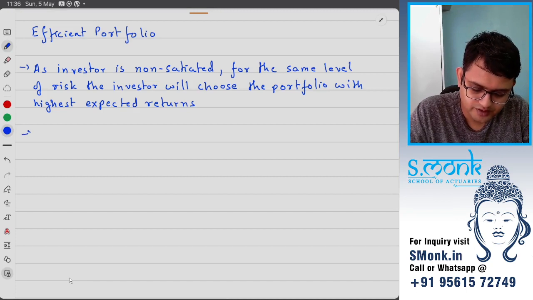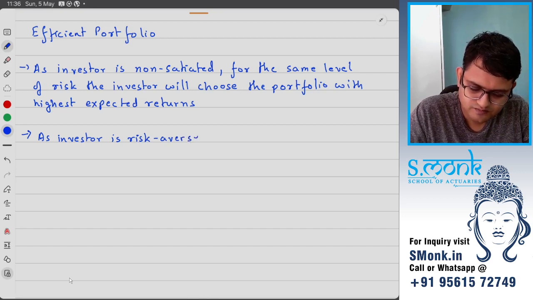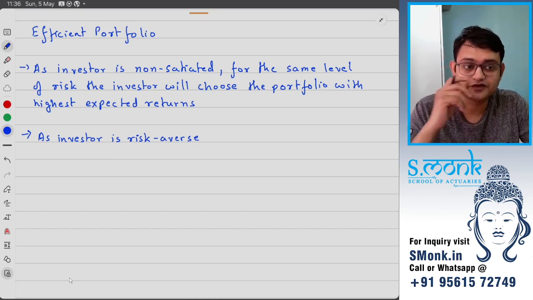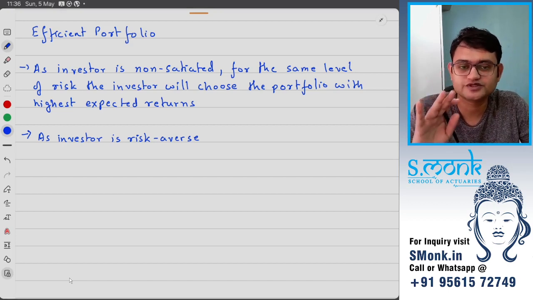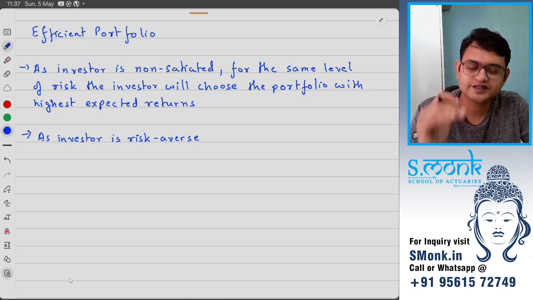The second point that we would like to say is that an investor is risk averse. We talked about this yesterday as well. We said, what's a risk averse investor? An investor does not like to take a lot of risk. So for the same expected returns, the investor will choose the portfolio with the lowest risk.